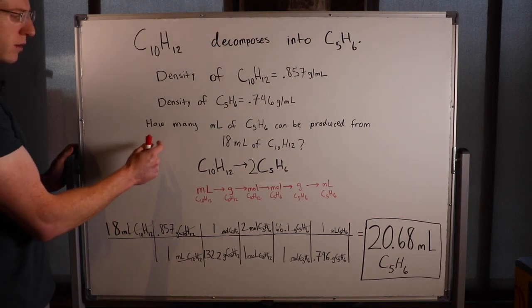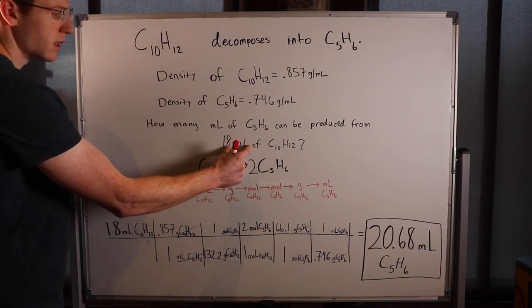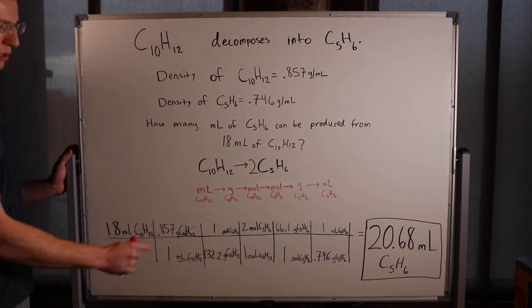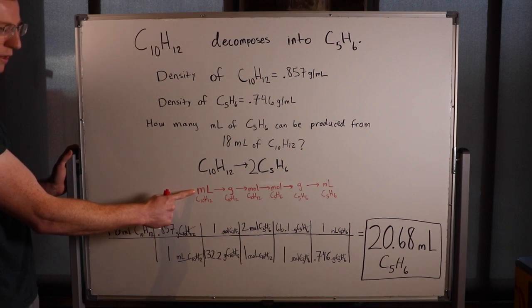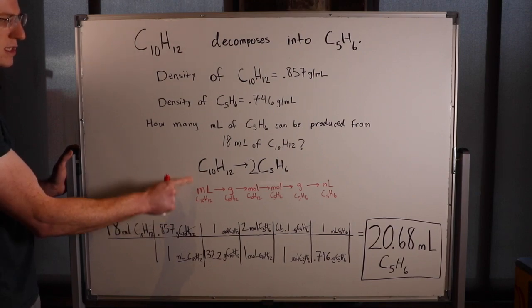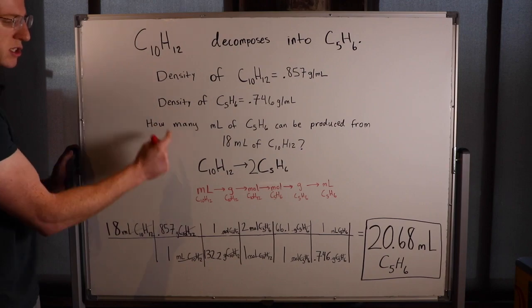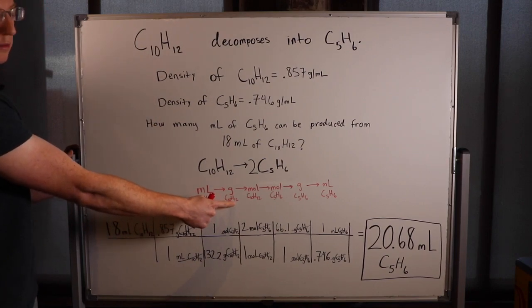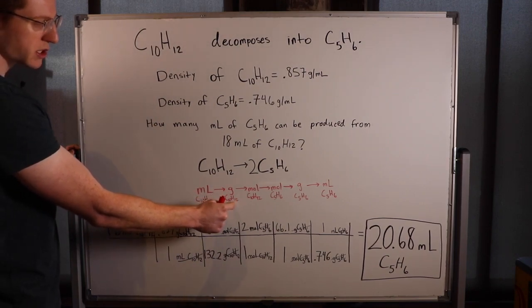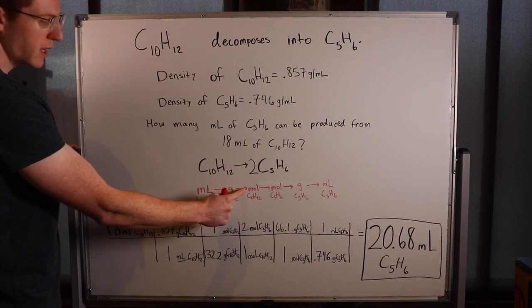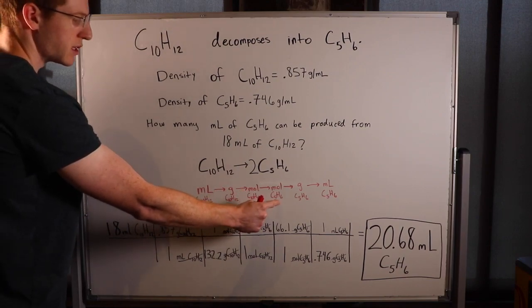So we started out with a certain amount of milliliters of C10H12. Since we have the density of C10H12, we can change that into the grams of C10H12. Finally, we can change this into moles of C10H12, and then we're ready to change into C5H6.